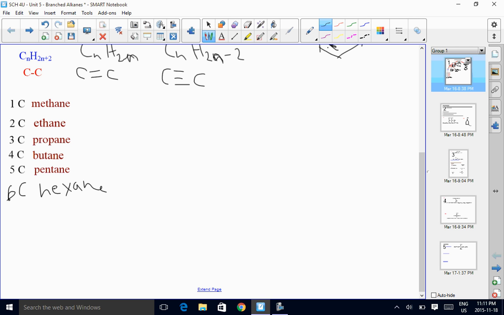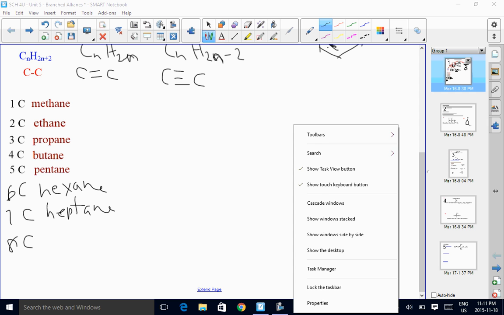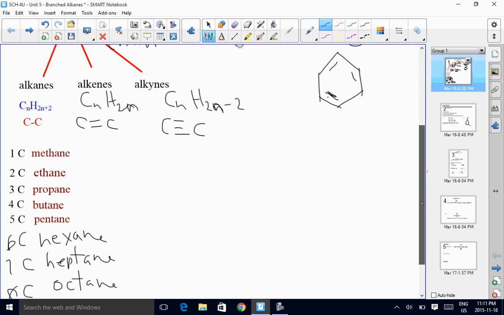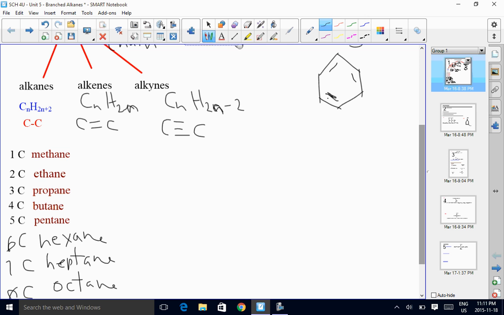It goes by the name of the shapes. 7 carbons is heptane. 8 carbons is octane. 9 carbons is nonane. And the last one, 10 carbons, is decane.